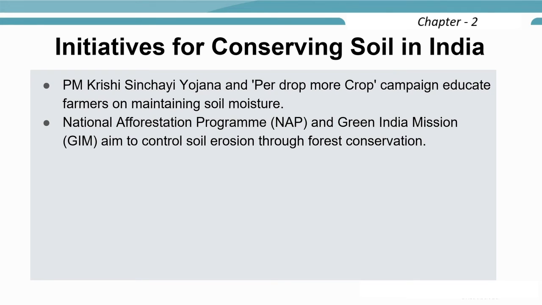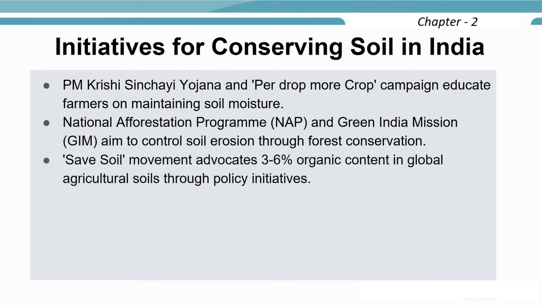The Save Soil Movement promotes 3 to 6% organic content in global agricultural soil through policy initiatives. Experts released a global Save Soil policy handbook for 7 regions offering various policy recommendations.